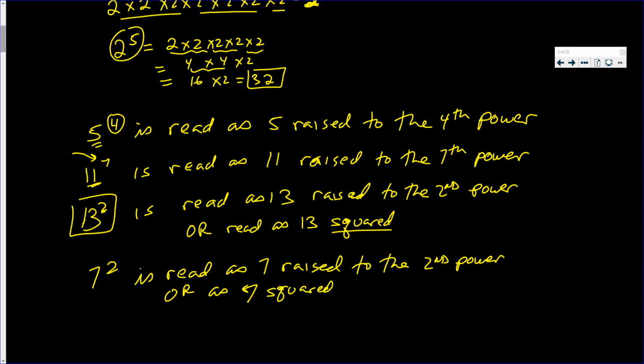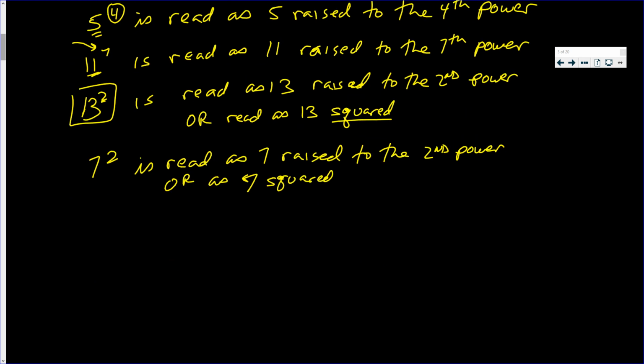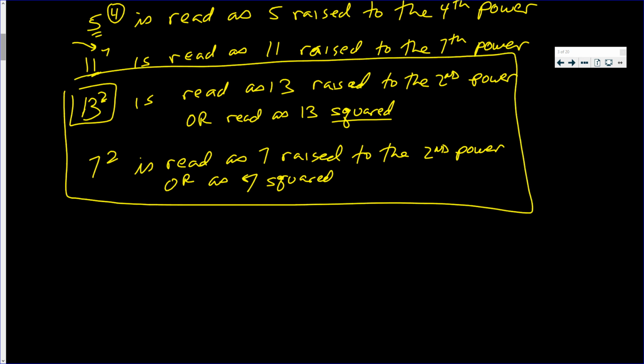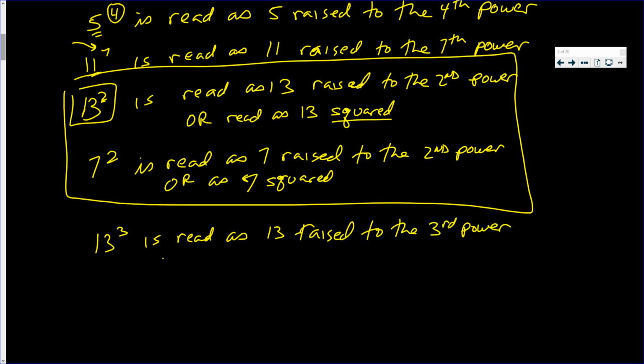We have a similar alternative way of writing things when it's cubed, when it's raised to the third power. 13 to the third power is read as 13 raised to the third power, or 13 cubed.